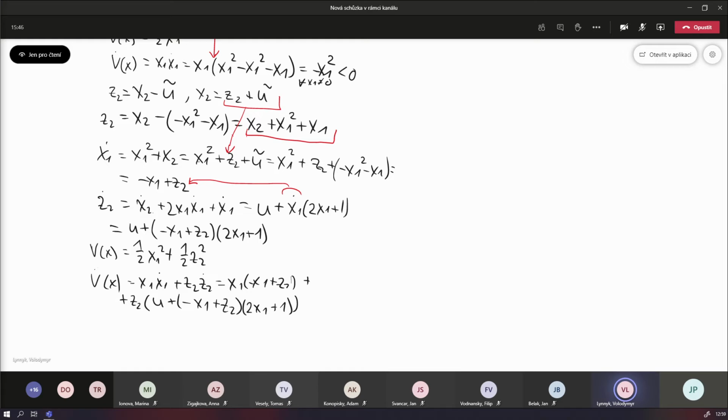What we need to do is cancel all this term here, and put some z2 with minus, and u equal to minus z2 and minus x1 plus z2 times 2x1 plus 1.